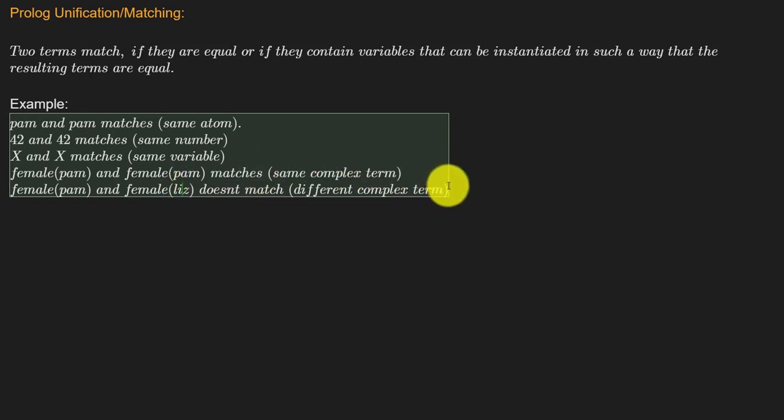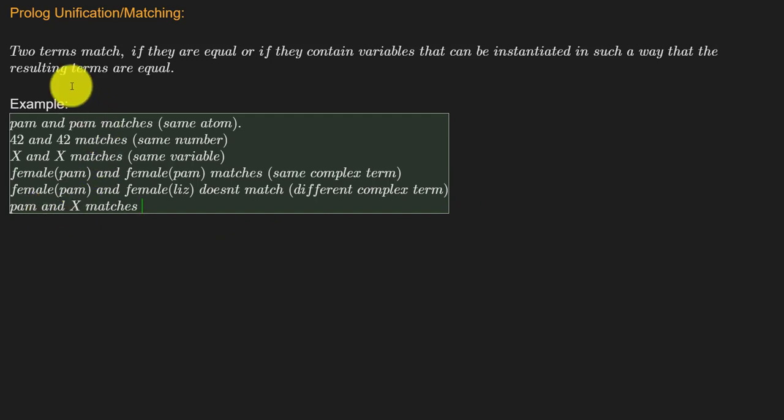Now if I give some more examples, let's say Pam, which is an atom, and X. Will they match? Yes, they match because X can be instantiated with Pam, right? If we refer to the informal definition of unification or matching, either they are equal or they contain a variable that can be instantiated in such a way that the resulting terms are equal.